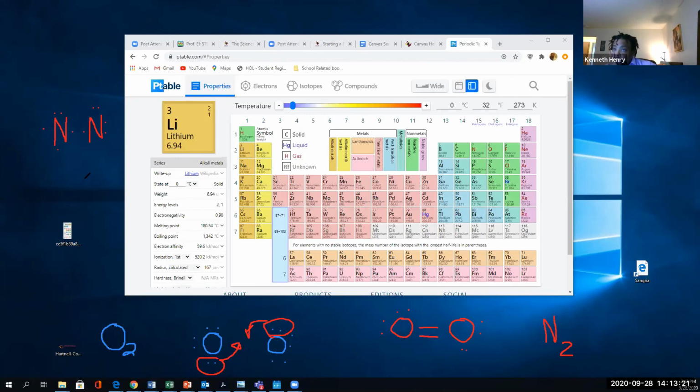Okay, so what do I need to do to make both of these guys happy so that they have 8 electrons around each one of them? You just share 6 electrons? So they're going to be sharing 6 electrons. I'm going to take these 2.